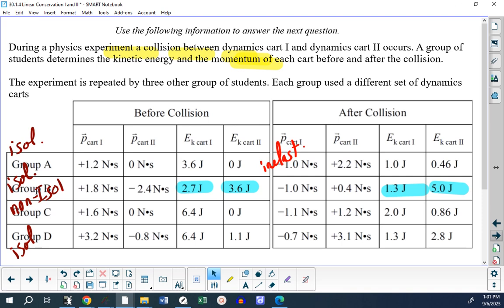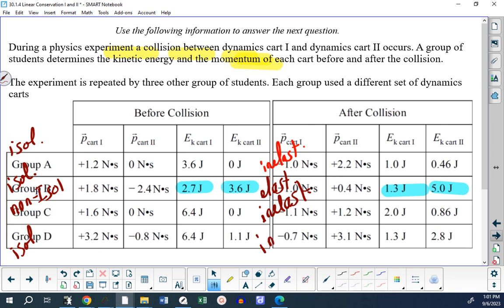That's elastic. Those both add up, I think, to 6.3 joules of kinetic energy. So this is elastic. Inelastic. And this adds up to 6.4 joules before, and I've only got a little under 3 after. And then I have 7.5 joules and not even close after. Inelastic.